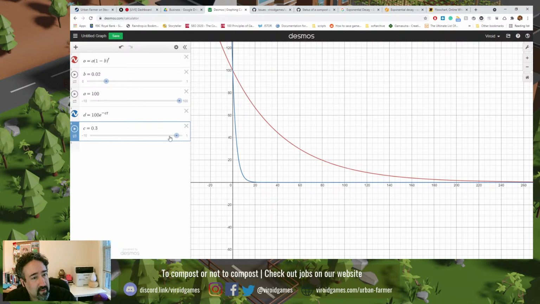I don't think this will ever be less than 0, because it doesn't make sense; it goes the other way around. Let's just do an arbitrary 0 here. You see how these two actually look very similar.